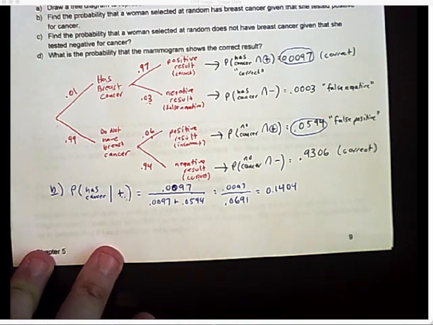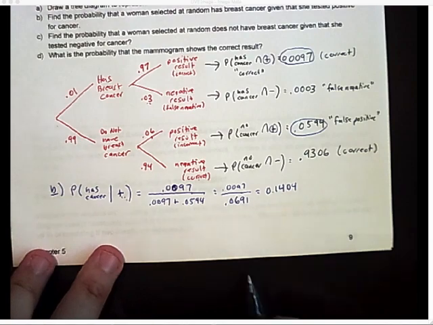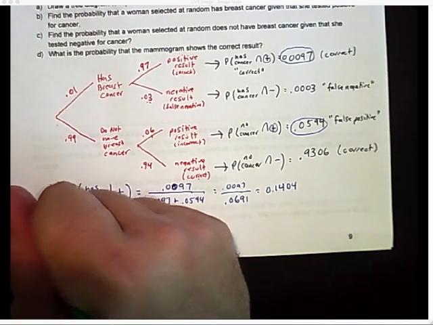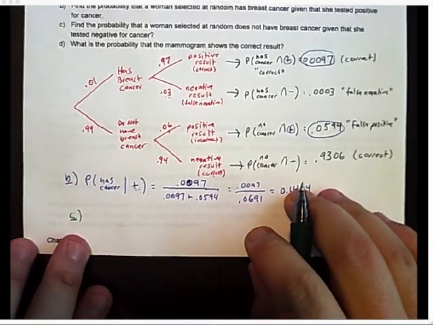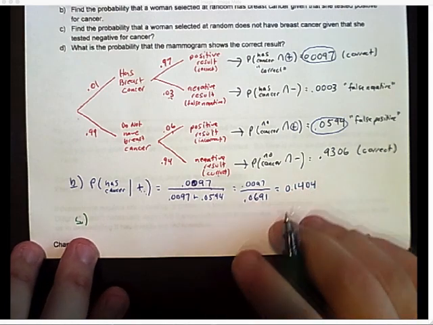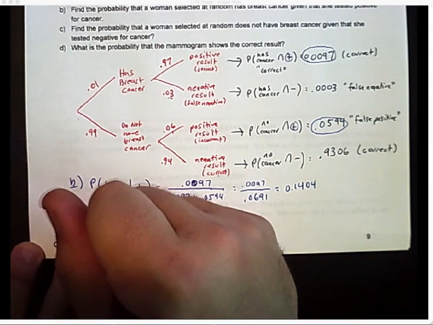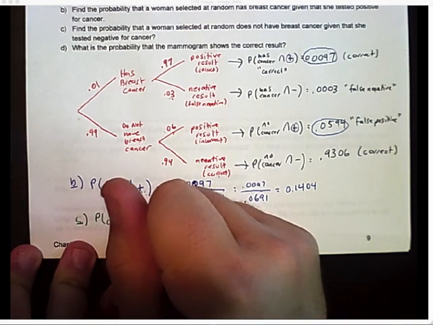So that's a little bit of good news. So, all right, let's do part C. It says, find the probability that a woman selected at random does not have cancer, so no cancer, given that she tested negative.